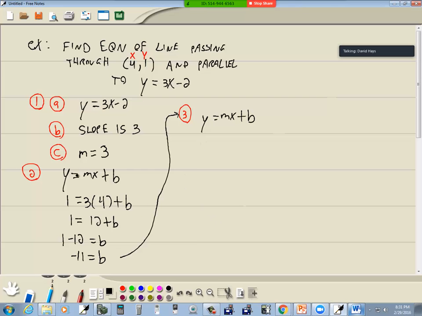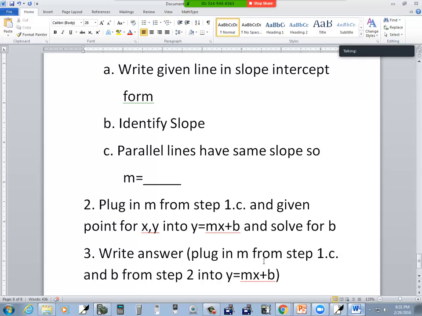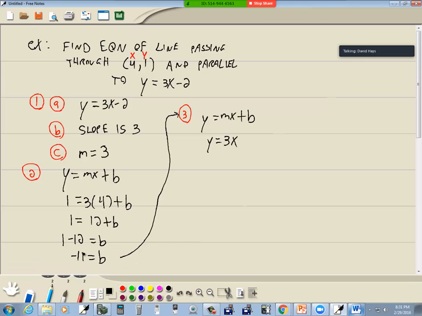Okay, so we said m back in step 1c was 3. And plug in b from step 2. B from step 2 is negative 11. So our answer will be y is equal to 3x minus 11. And that's how you find the equation of a line passing through a point and parallel to another line.